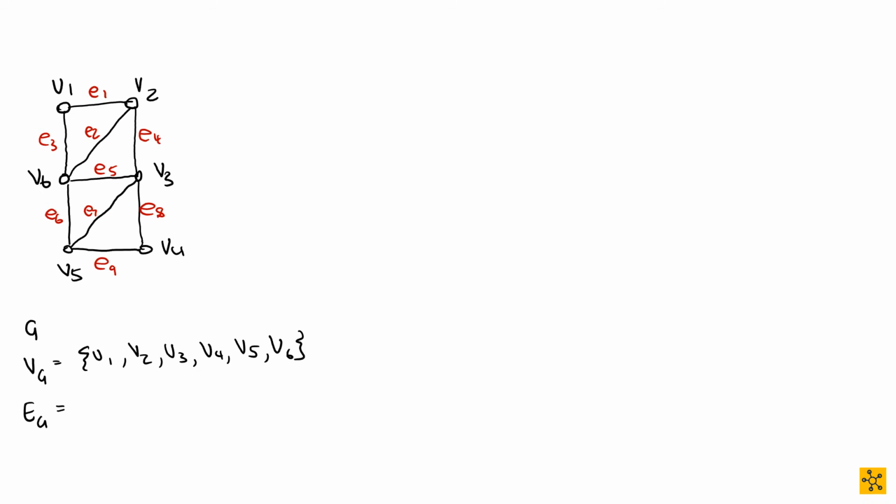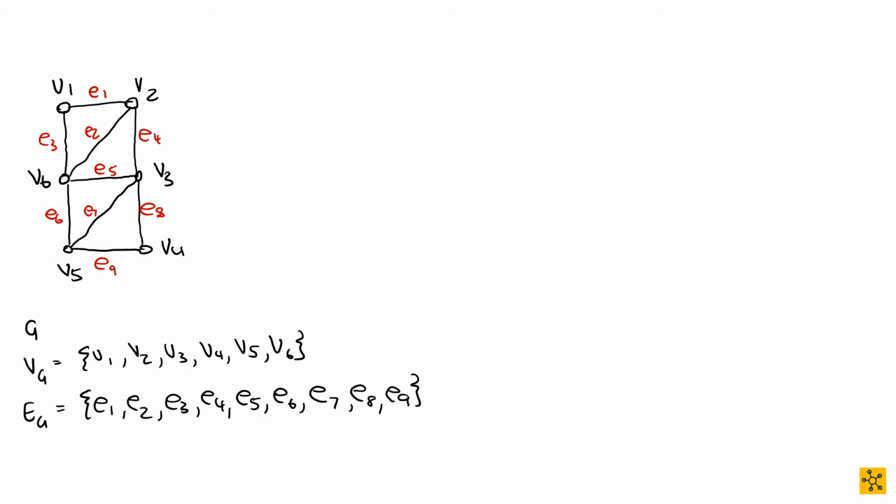Okay, so we can describe our edge set by just listing them. E5, E6, E7. And remember, when you label this, you didn't have to label your edges. You could have just written V1, V2, V2, V3, and so on. I'm doing this because it's a lot quicker to write.